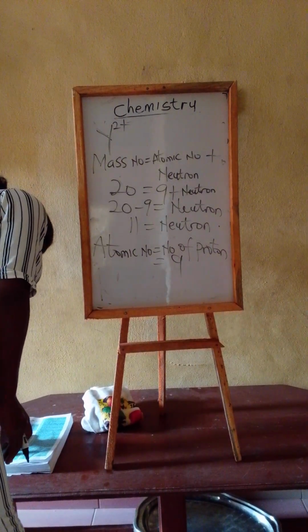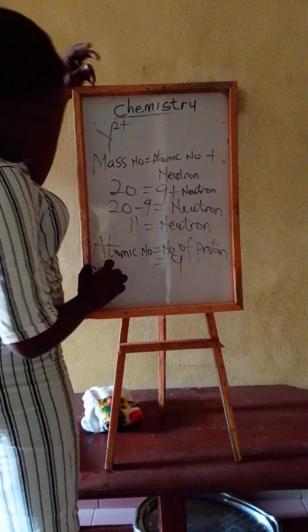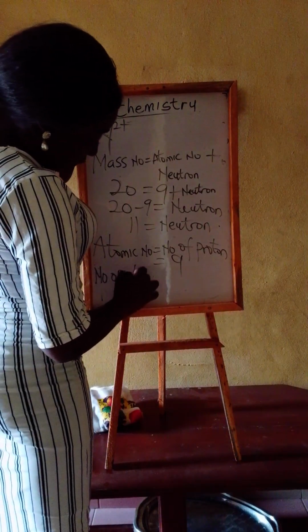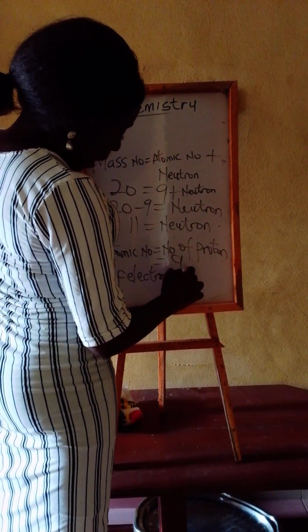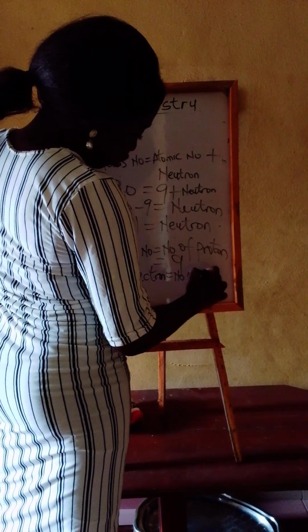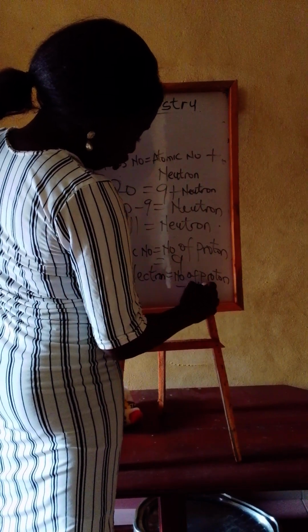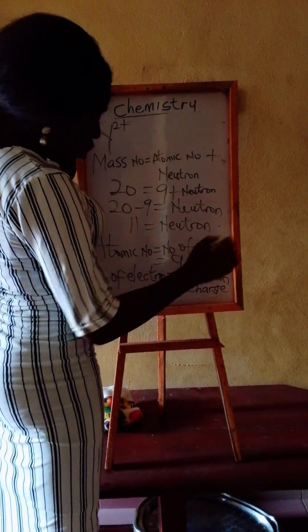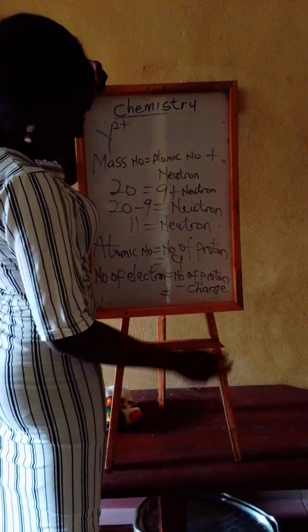Then the next one, we have number of electron. Remember, number of electron equals number of proton minus charge. Now, what's number of proton? Number of proton is 9.